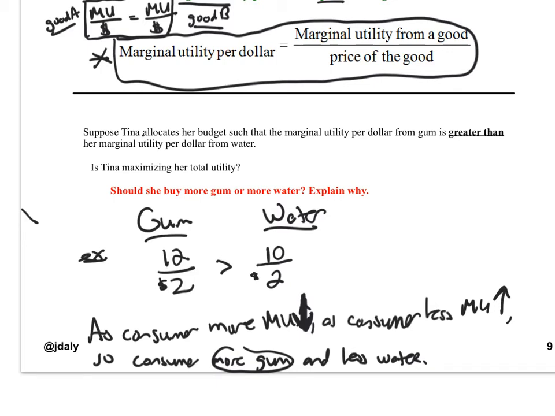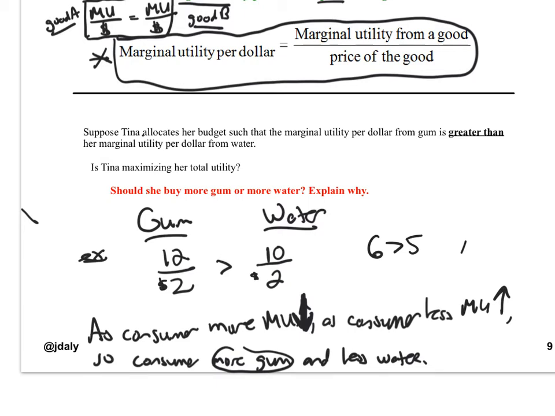So the marginal utility per dollar, of course, 6 is greater than 5. So at that point, she's getting a greater additional marginal utility per dollar from gum than from water. So we want to equate them. She could consume more water or gum.